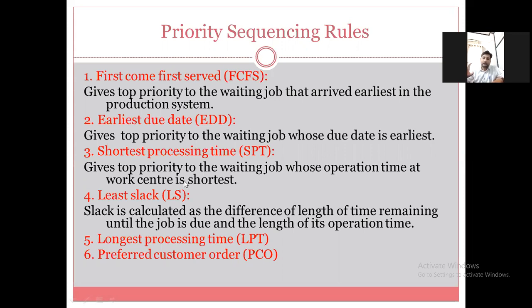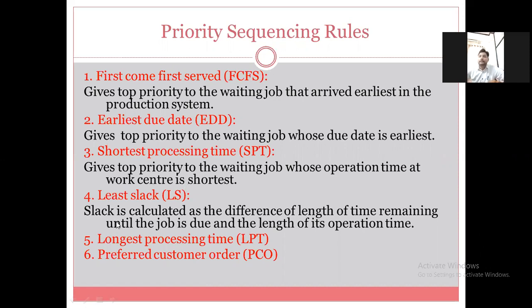If the management thinks in such a manner, then this type of priority sequencing, shortest processing time, is also implemented. Here we give the top priority to the product which has the shortest processing time out of all the products or varieties.